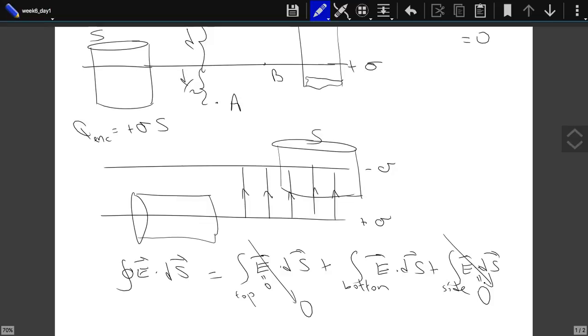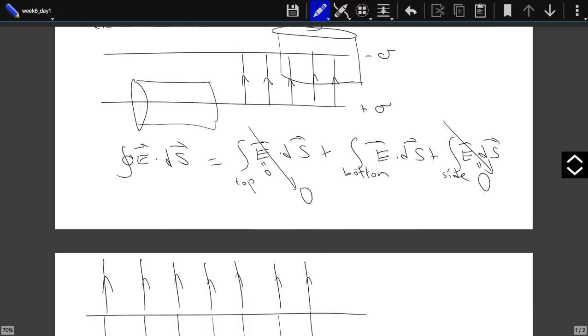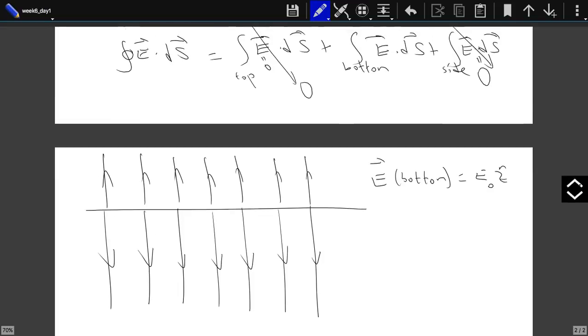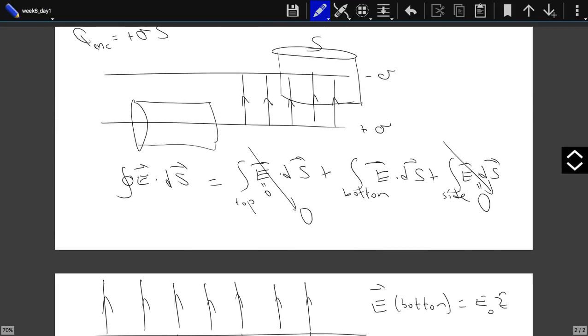What is the angle between the electric field and dS at the bottom? We don't know. But we know that E at the bottom is some E0 in the z direction. We are trying to determine this E0.